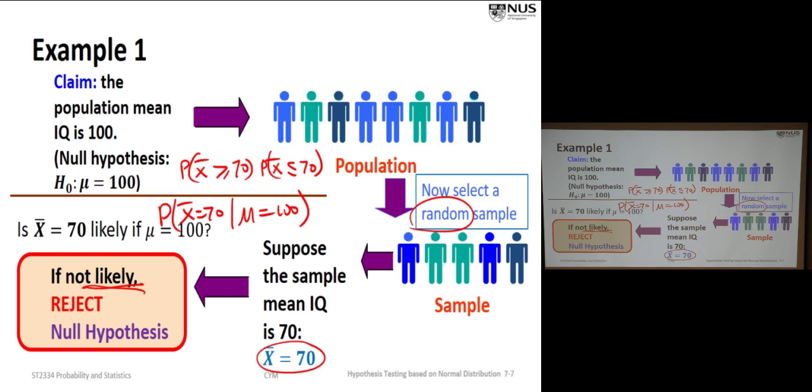Less than 70 is to check whether this 70 is a small extreme. Extreme can be large, can be small. But basically we just ask this question: how likely is it? If it's unlikely, then we believe that this population may have a mean IQ which is not 100, but lower than 100.